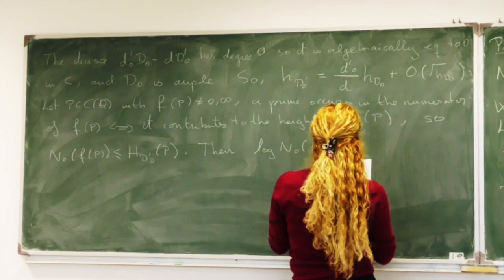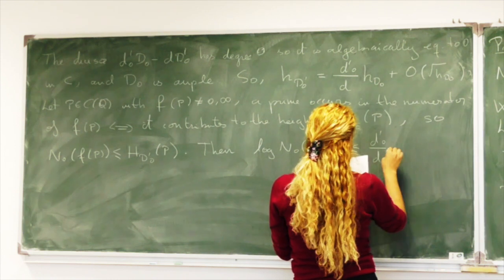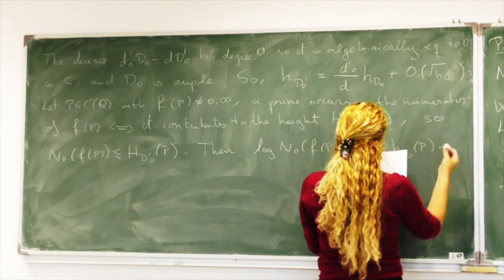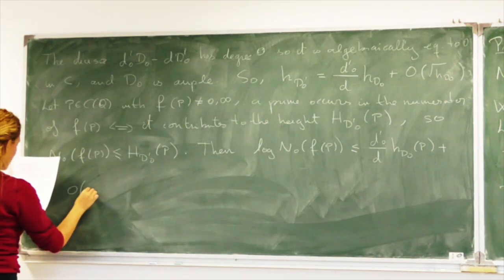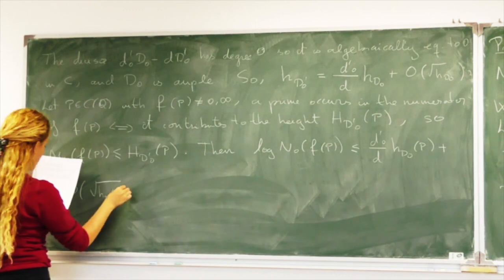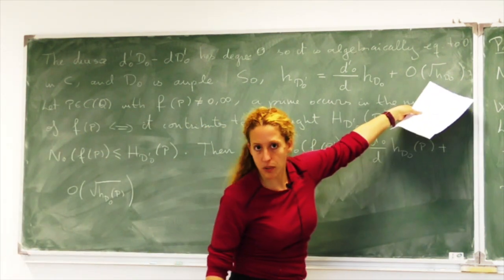So this is smaller or equal than d prime 0 divided by d, the height, plus a constant. So I'm going to be clear, this constant, so we are not cheating, depends on this, right? Because it depends on that.